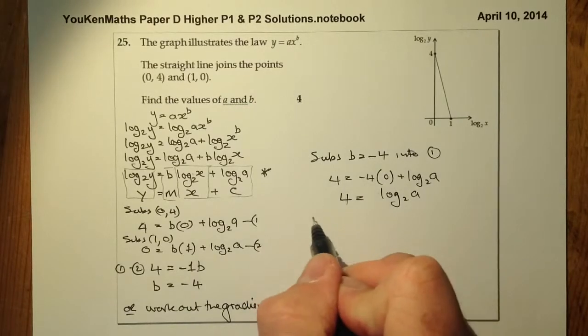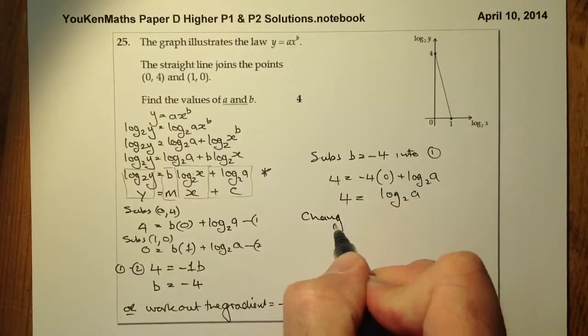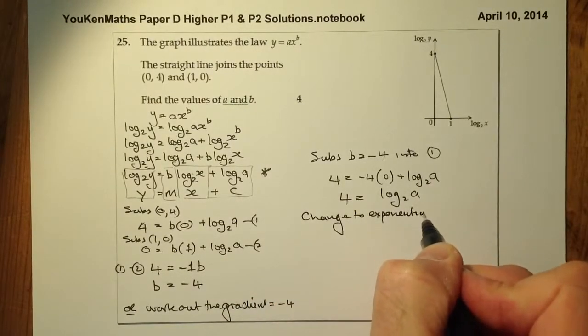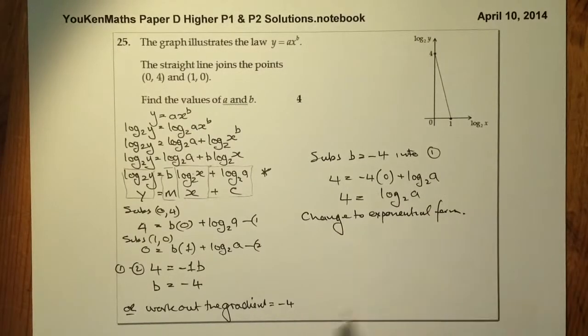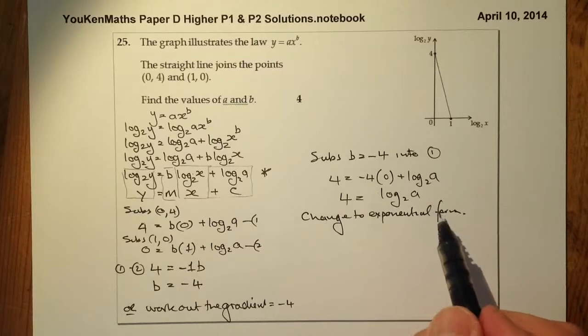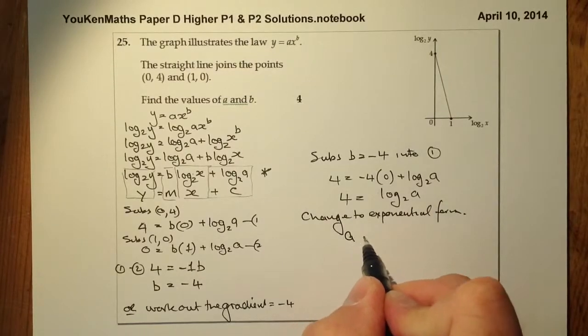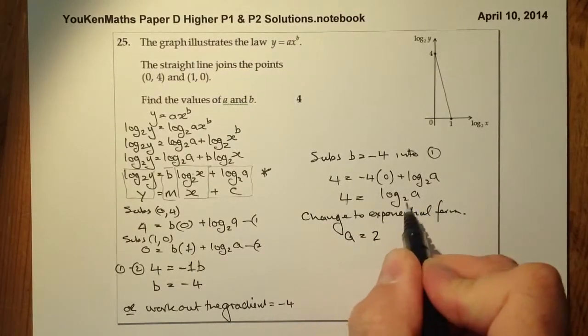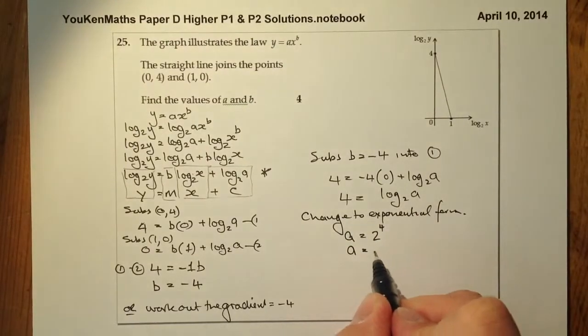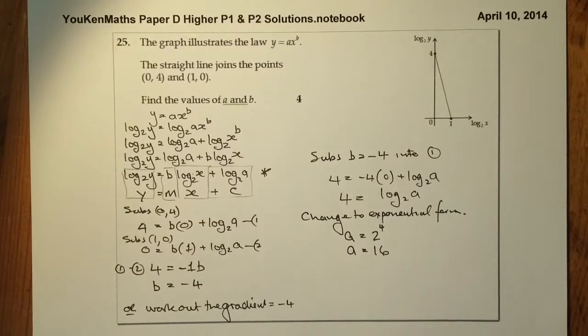What I'll do is change to exponential form. That's going to help me to solve this. Okay, so a is going to be equal to the base 2 to the power of 4. And that should give me a value of 16 from there.